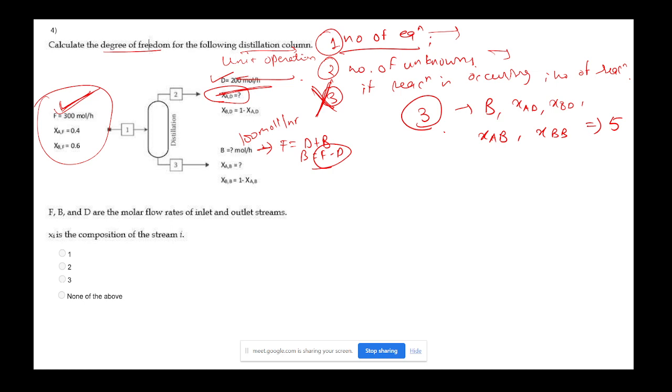Next, you need to find out the number of independent equations.